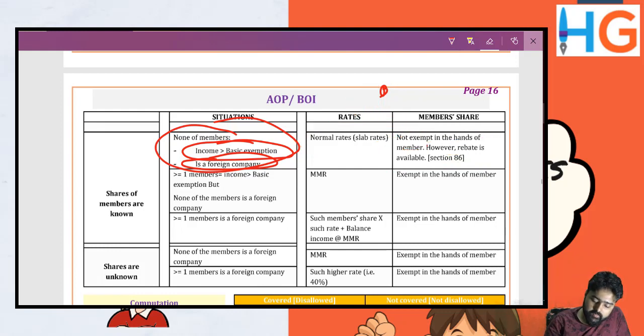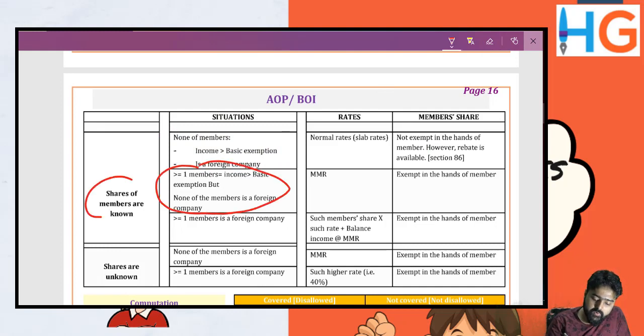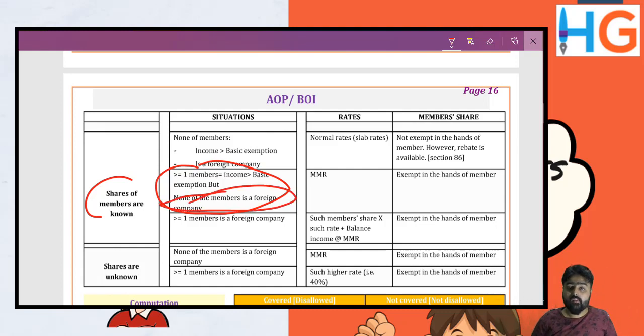Now the next point is when the income of more than one member is more than basic exemption. For example, we four have formed a partnership or an AOP. One person has income more than the basic exemption limit, but none of the members is a foreign company. Now the Income Tax Act says there is no need to make any complications.